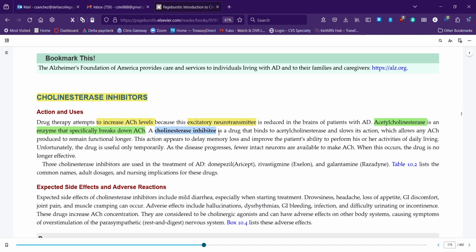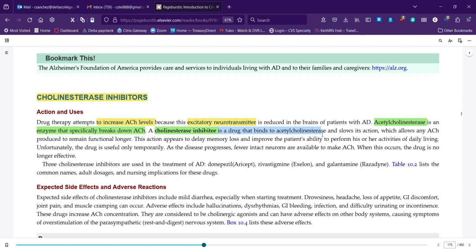So this cholinesterase inhibitor, okay, that means it's going to inhibit this enzyme. Remember, an inhibitor is something that blocks or inhibits something from happening, right? And so if this enzyme is what's breaking down the acetylcholine, and the acetylcholine is what we need in the brain of the Alzheimer's patient, then we want to have an inhibitor that's going to block that breakdown from happening.